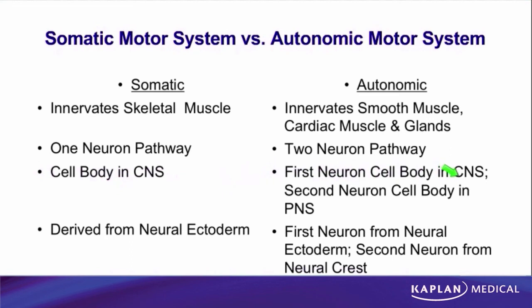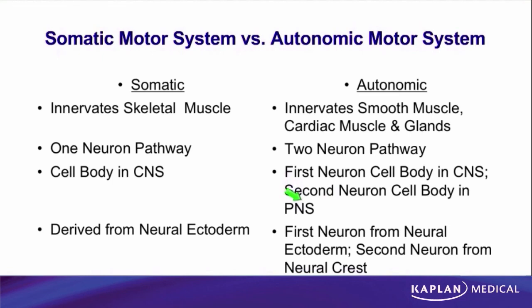But the second neuron is not in the central nervous system. The second neuron will always be in the peripheral nervous system. In other words, it will be in a ganglion. This is a different kind of ganglion, not like a dorsal root ganglion. This is a motor or an autonomic ganglion. The cell body of the second neuron is in the peripheral nervous system in a ganglion.